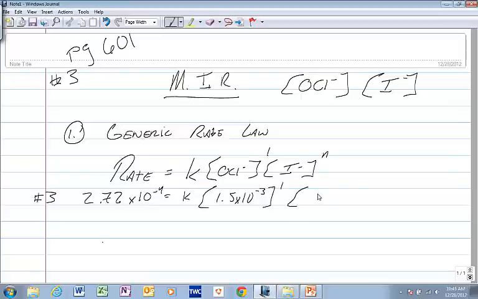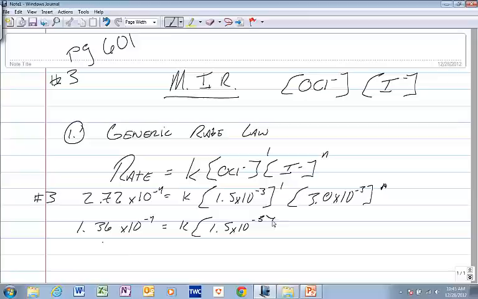But then the value of the iodide ion here is going to be here. And again, this is the exact same copy of the previous problem, where we were finding the order of the hypochlorite ion. That doesn't change. This did.